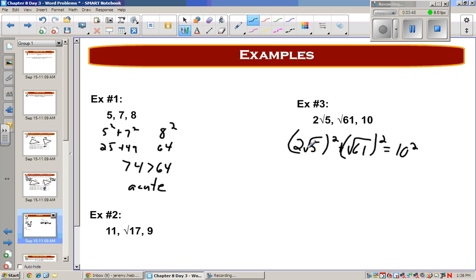You could just plug this into your calculator, but if you do it without a calculator, it'd be 4 times the square root of 5 times the square root of 5, which is 5. 4 times 5 is 20. Square root of 61 squared, these two undo each other, and that'll just equal 61. And then 10 squared is 100. Now, this side is so big, it's going to make this triangle obtuse.